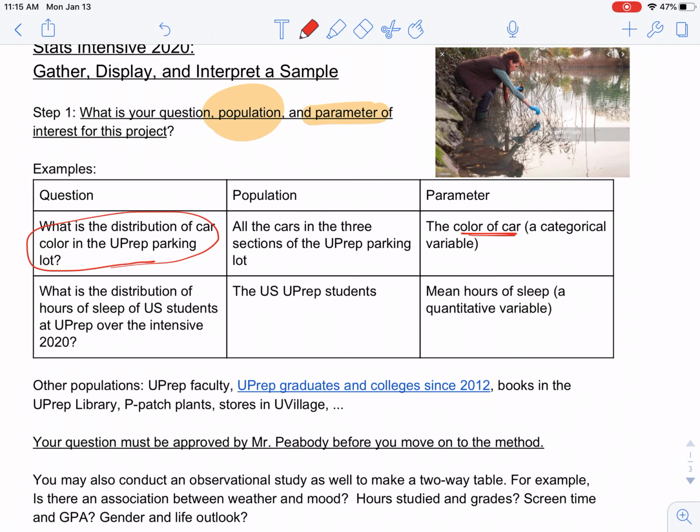You wouldn't do a census, you wouldn't take everybody, but you'd either find a systematic or a SRS or maybe a cluster or stratified sample, and then conduct it, after my approval of course. And this categorical piece, because it's car color, wouldn't be a histogram, it probably wouldn't be a dot plot, it would probably be a bar graph.